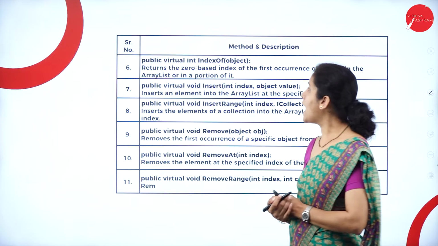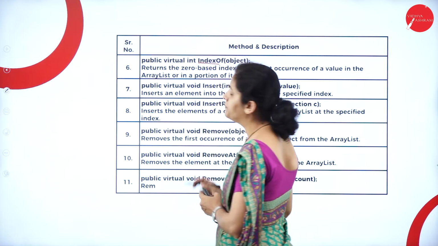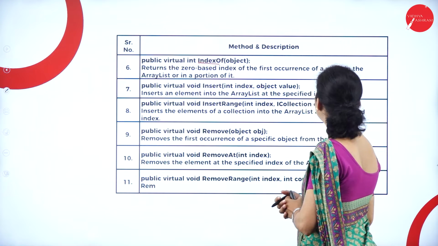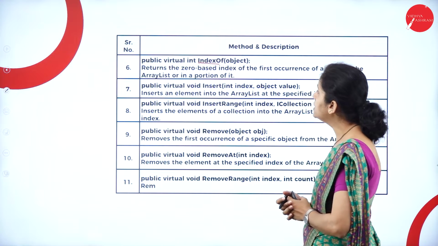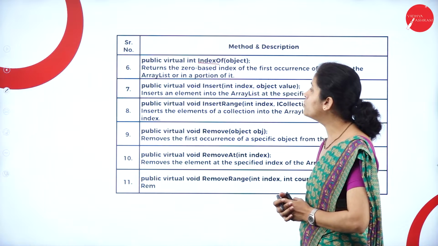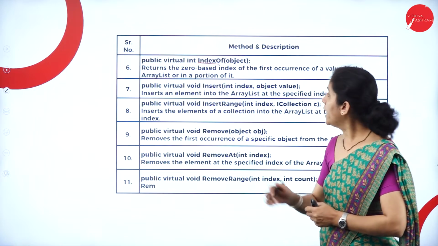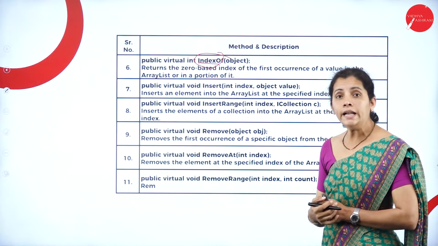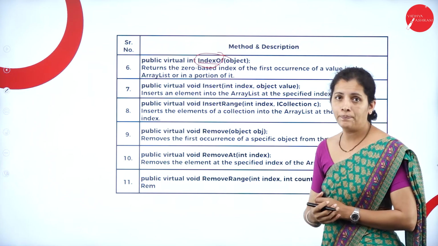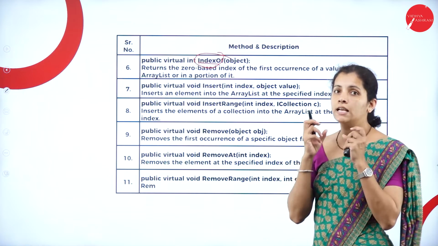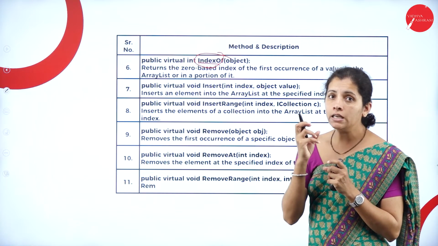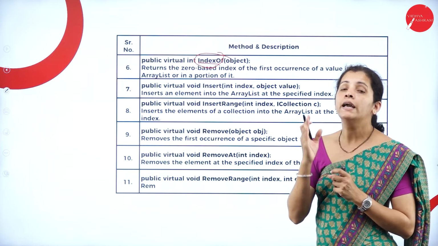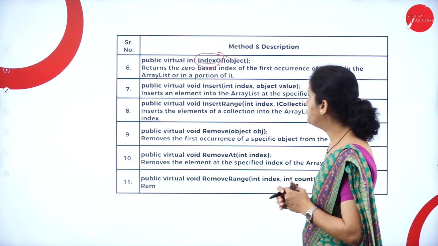Now I have IndexOf. It returns the zero based index of the first occurrence of the value in the array list or in a portion of it. So IndexOf returns the index of the object which is present in the array list.